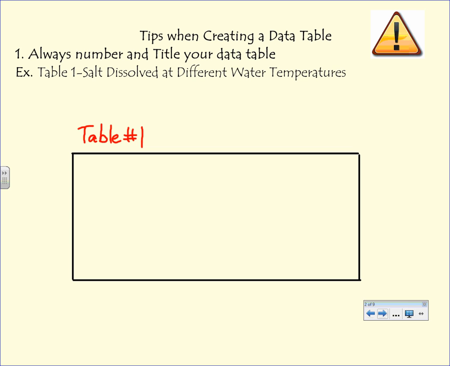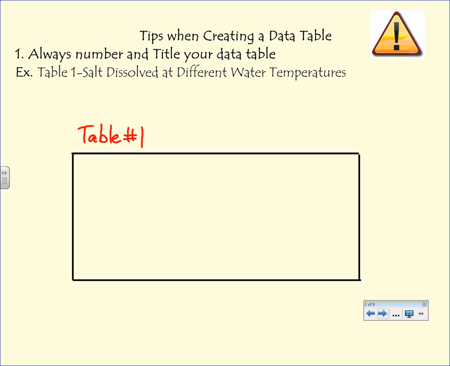So when you're talking about your conclusion, you can refer back to the data tables. In table number 1, you can see blah, blah, blah. When you look at table number 3, you'll be able to see blah, blah, blah. So the person reading your experiment would know what data table you're talking about.